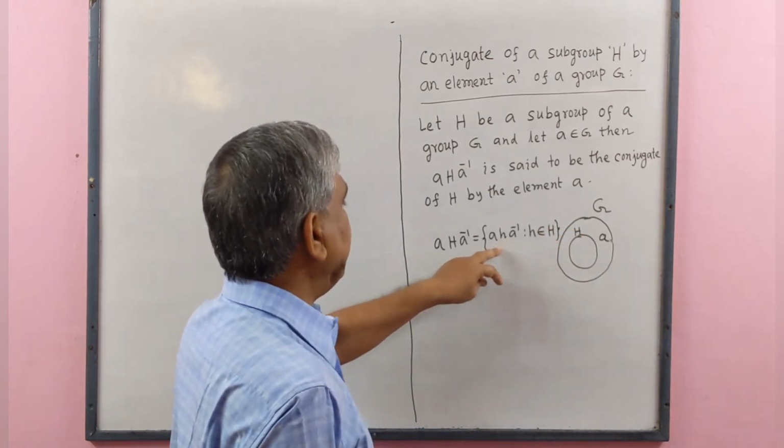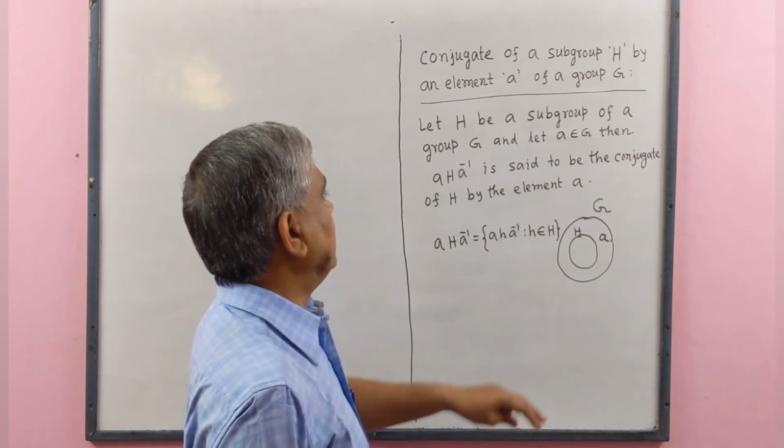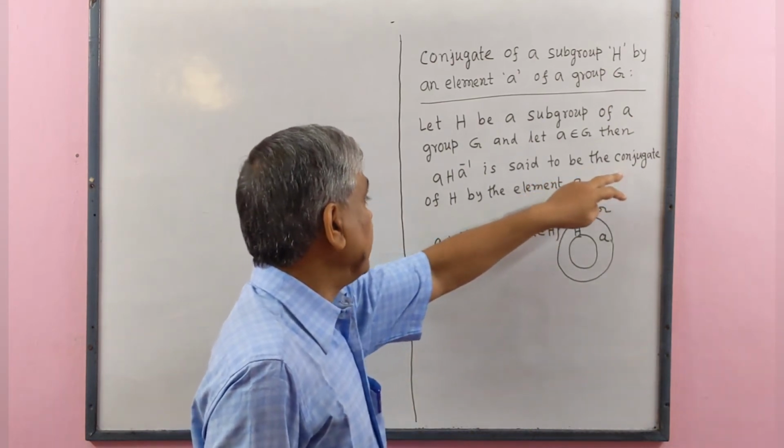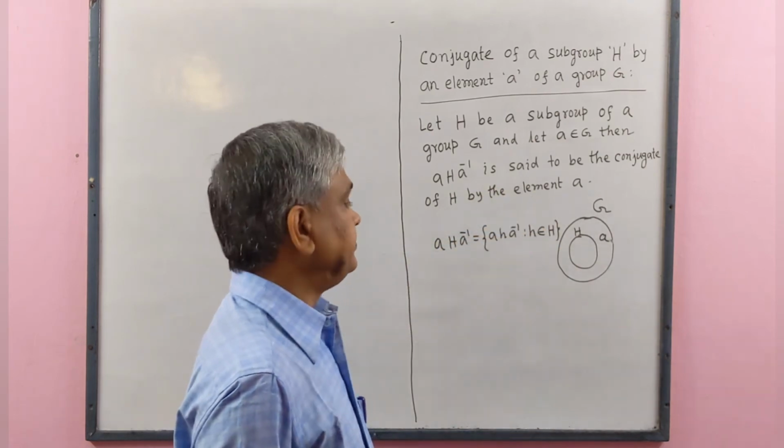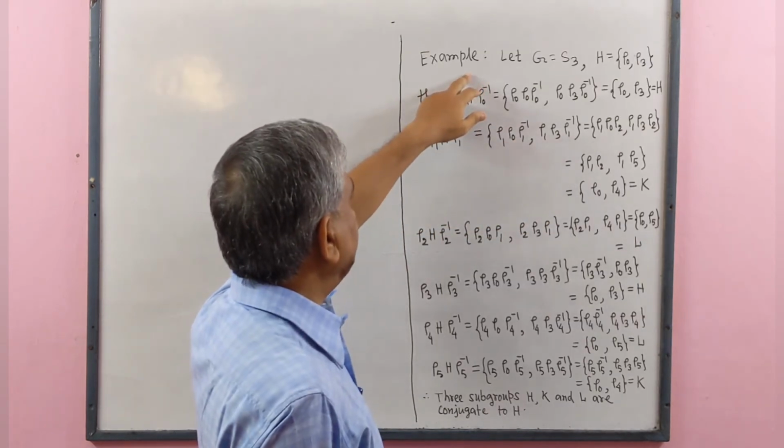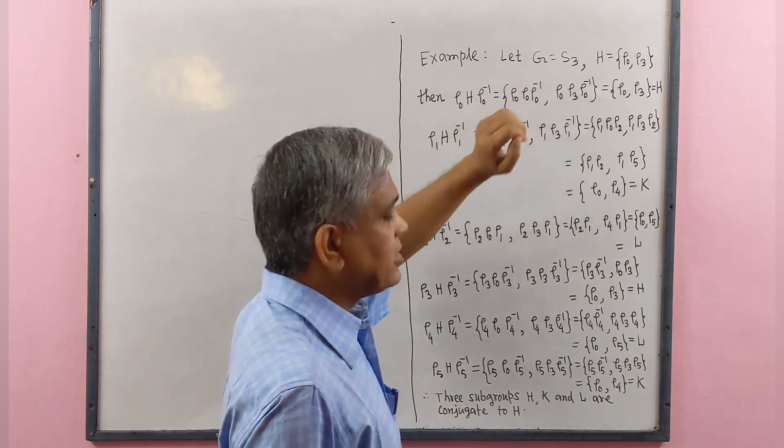Then this set is called the conjugate of H by the element a. Now I will give an example.